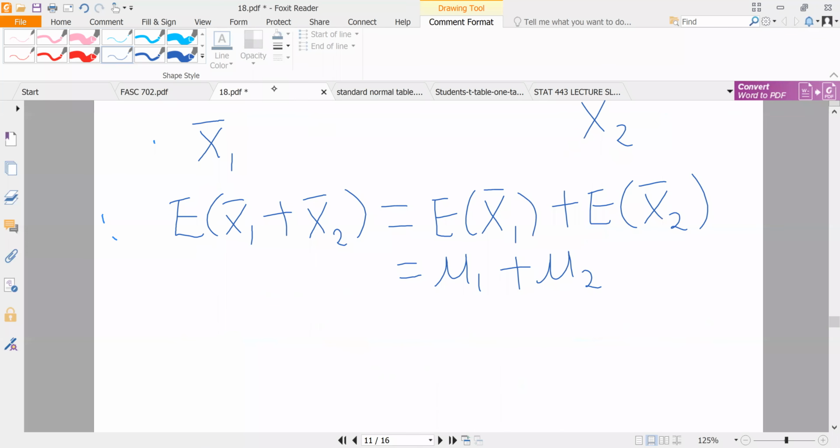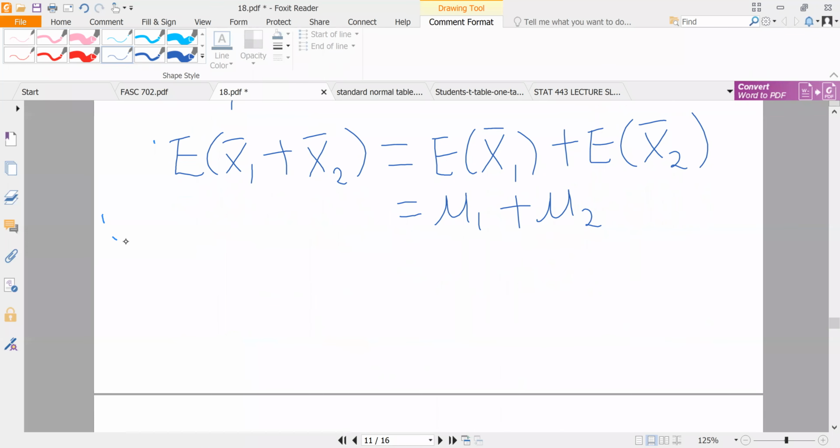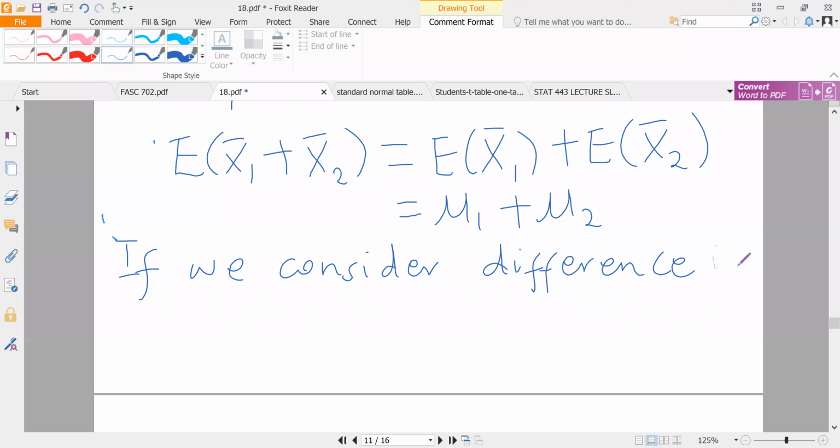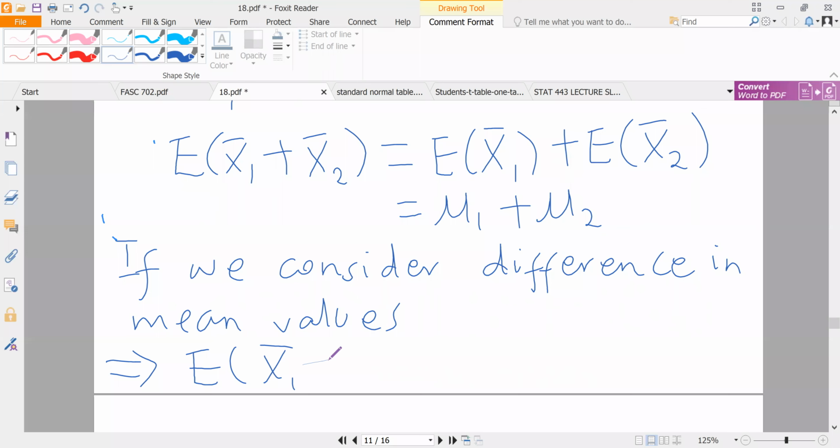However, if we consider the difference in mean values, then it will imply that we are looking at the expectation of X bar 1 minus X bar 2.